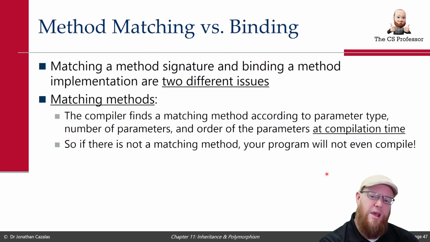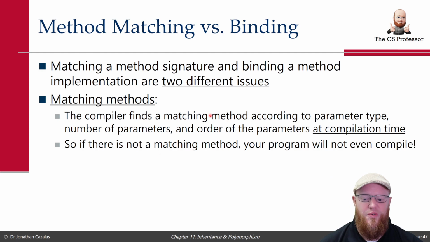Now, this is a little bit related to method matching and method overloading. Matching a method signature is different than binding a method implementation. So matching methods to a given signature with method overloading is done at compile time.